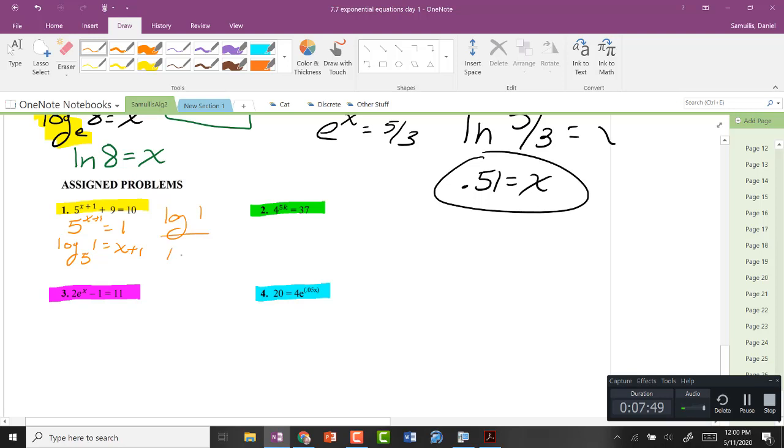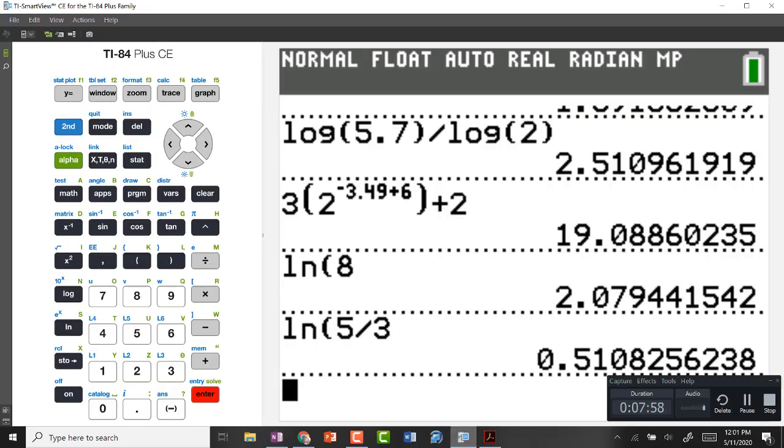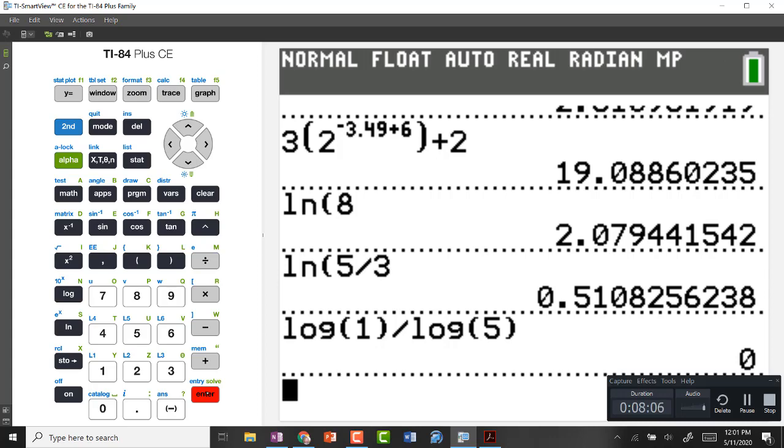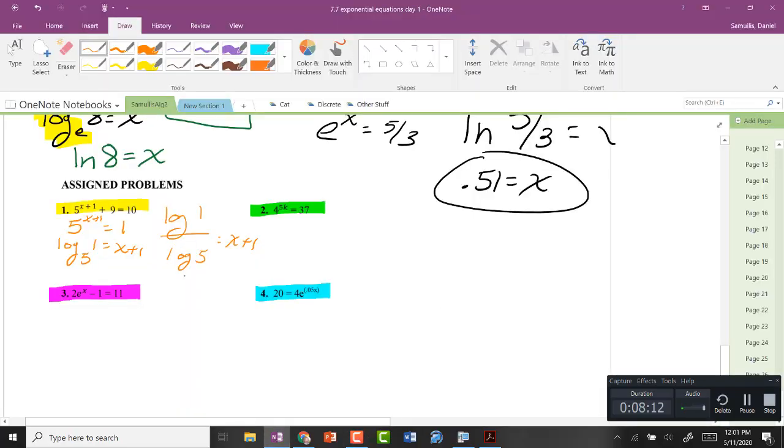So log of 1 divided by the log of 5 equals x plus 1. Calculate that. Log of 1 divided by the log of 5 gives me 0. So I end up with 0 equals x plus 1. So negative 1 equals x.